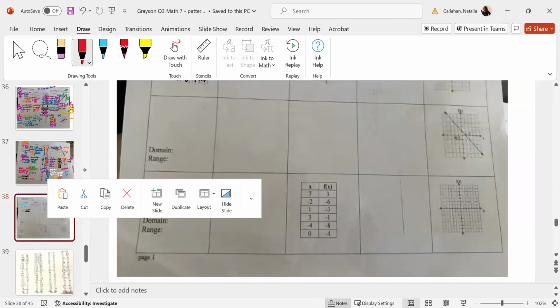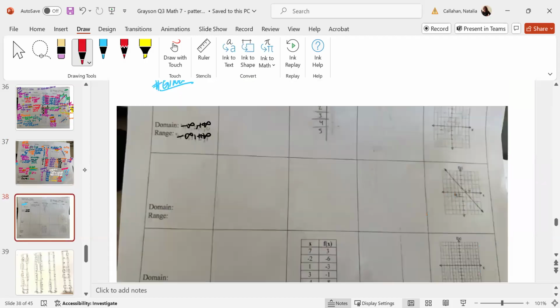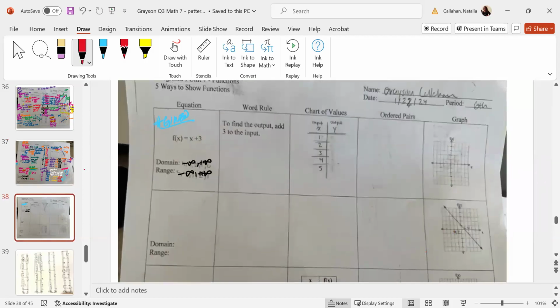Good. Let's go ahead and take a look at number 1. So you have the equation right here, which is given to you. You're also given the word rule, right?